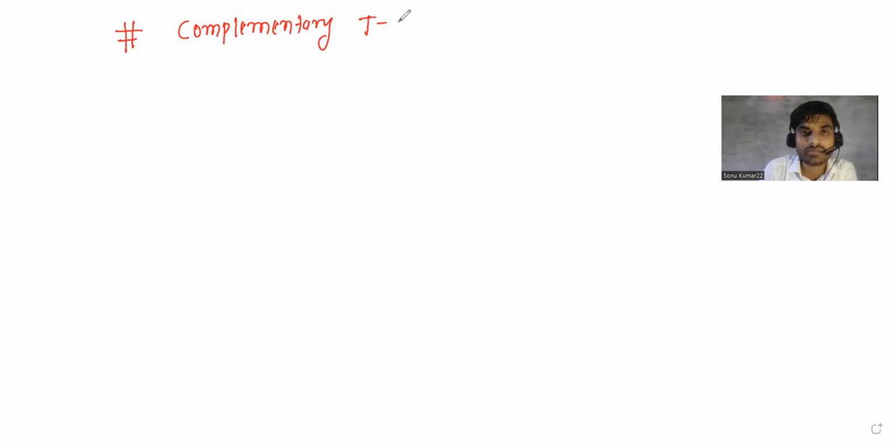Complementary trigonometric ratio. We know, if you see carefully in the last slide, there is a table. Sine 60 degree and cos 30 degree are the same.